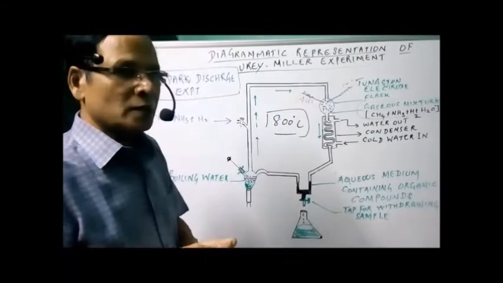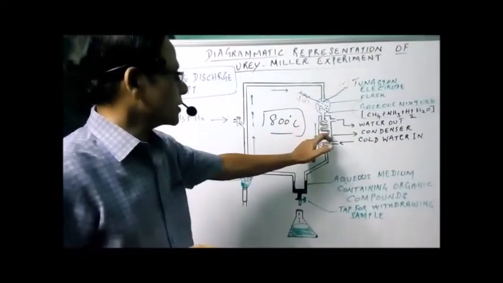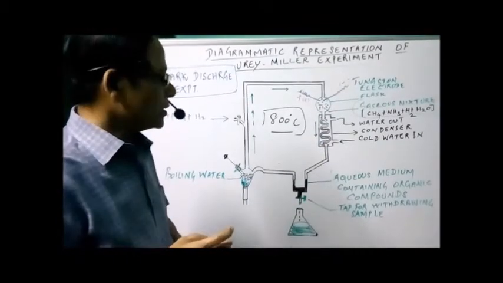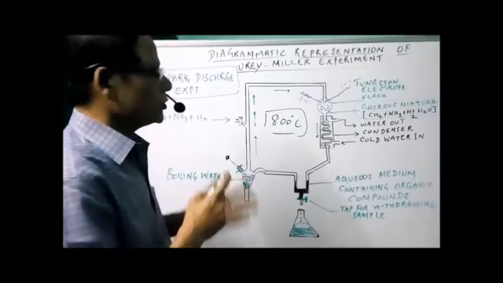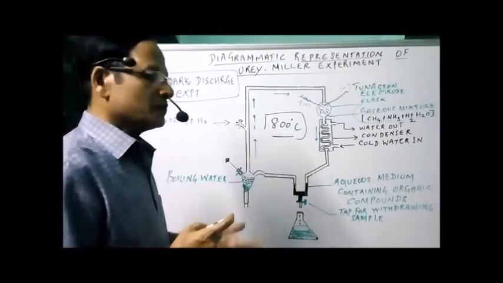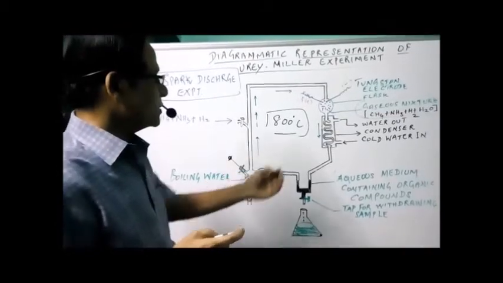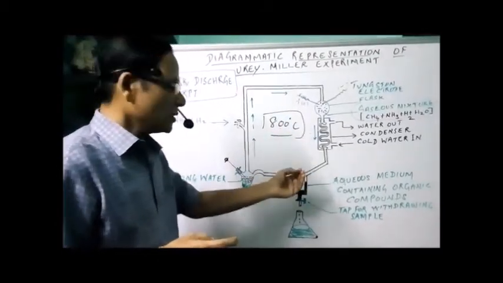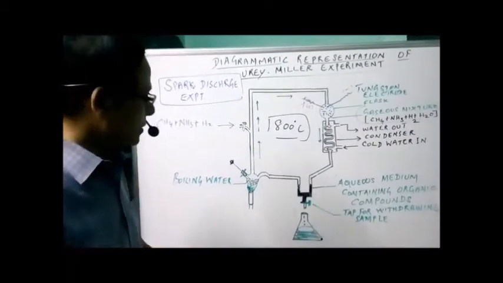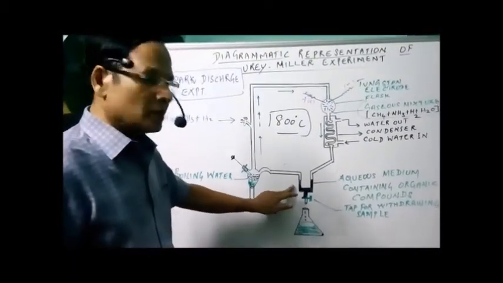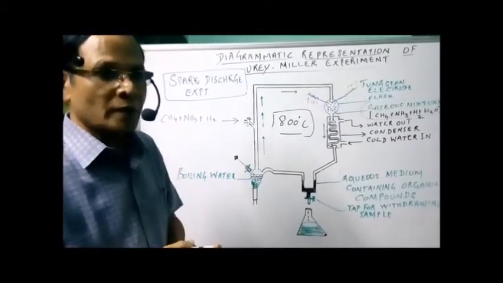The gases are then allowed to pass through a condenser, where the hot water is removed and cold water enters for cooling the solution. The water solution gets condensed and cooled and is collected in the U-tube. As I mentioned earlier, the experiment was conducted for about a week.